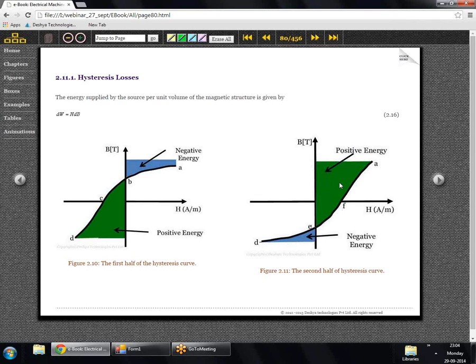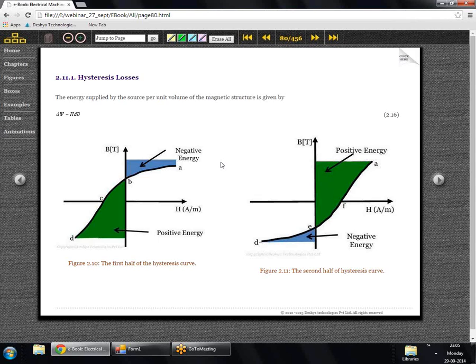Now if we look at the complete curve, which starts from A then to B, C, D, E, F, we see that the energy supplied by the source, shown in green color, is greater than the energy that the material returns to the source, shown in blue color. So in totality, the material absorbs energy from the source.